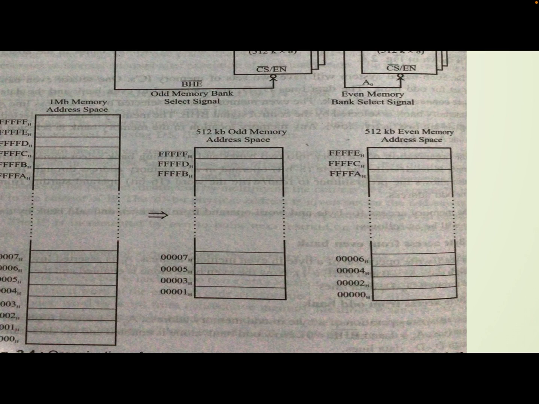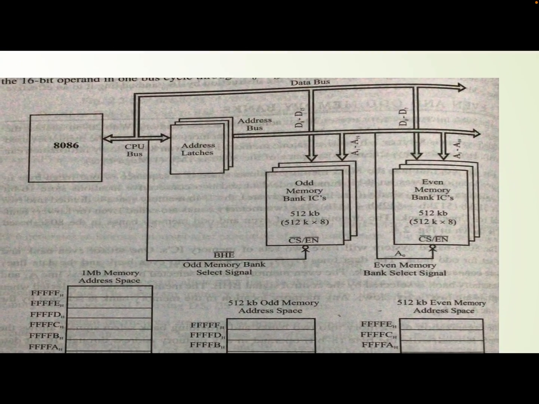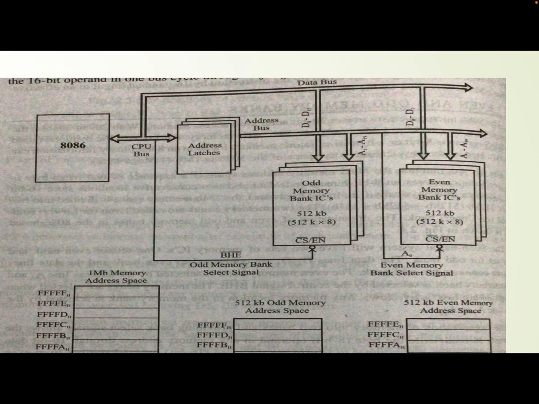The addresses stored here can be explained like this: the even address 0000 is stored in the even bank, and the next address 0001 is in the odd bank. So odd address 0001 is in odd memory, and the next even address is in the even bank. This is how the memory is organized.